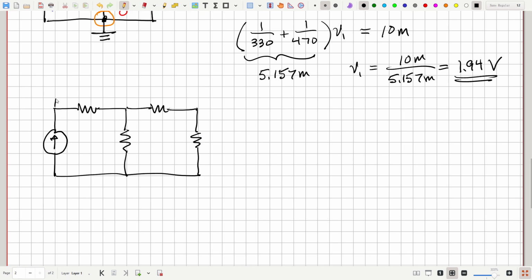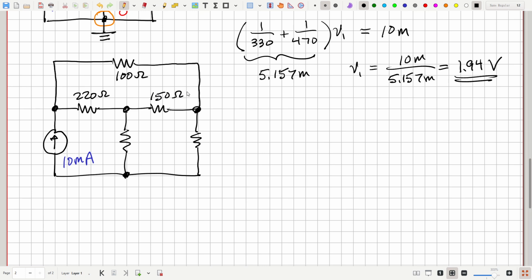And then one going across like so. And let's say, again, this is a 10 milliamp current source. And we've got, here's 100 ohms, 220 ohms, 150 ohms, 470 ohms, and 330 ohms.